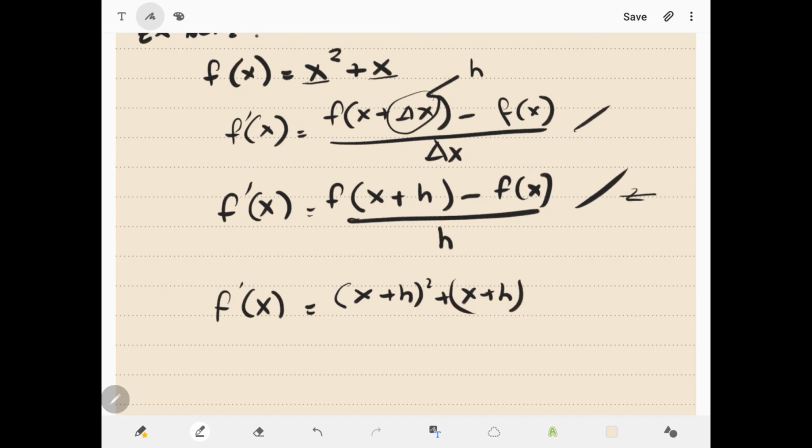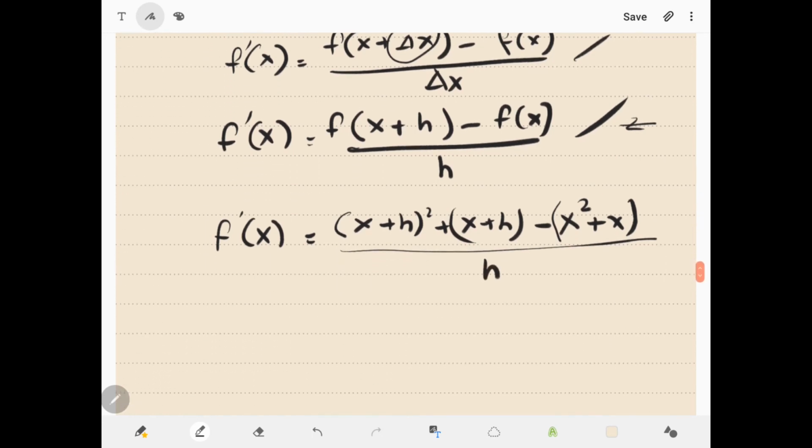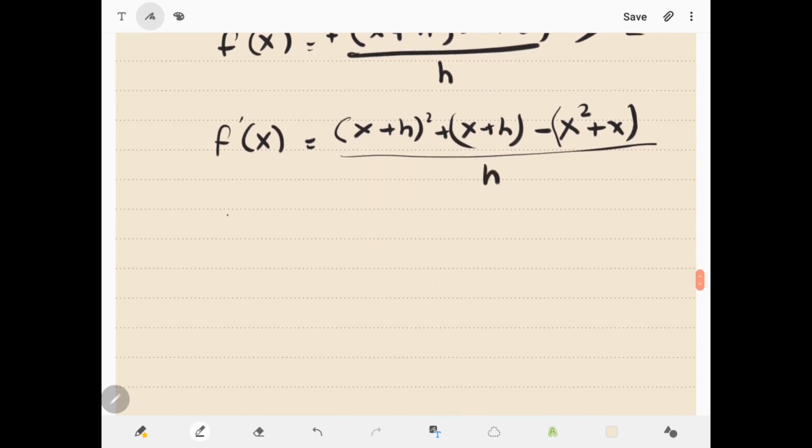Okay, then minus function of x, which is x squared plus x, over h. Okay, and this is limit as h approaches 0.